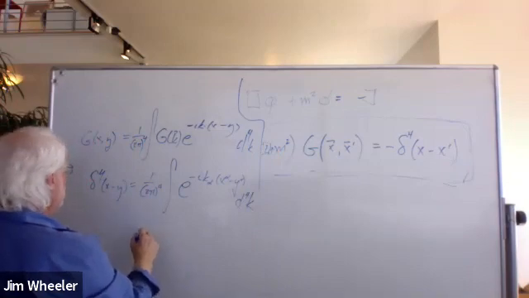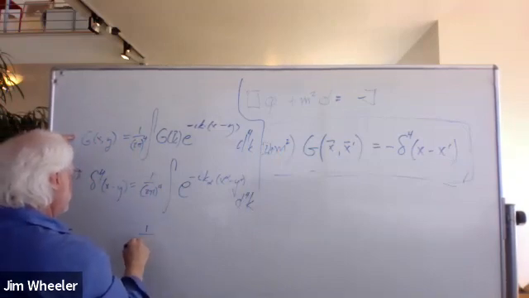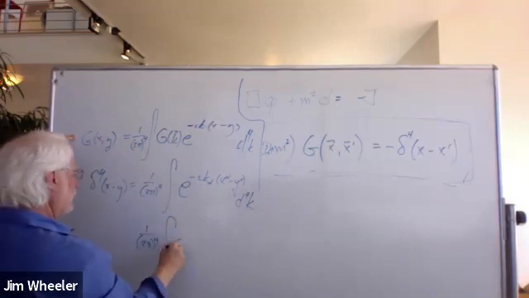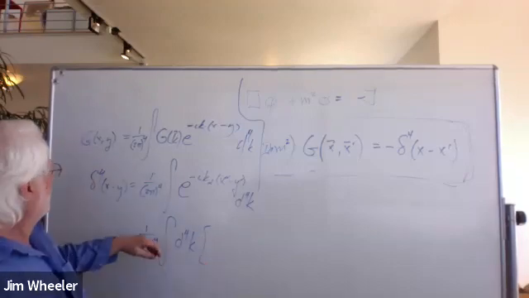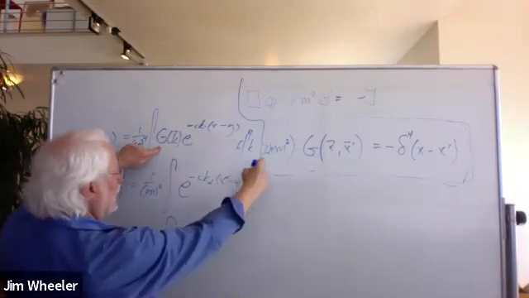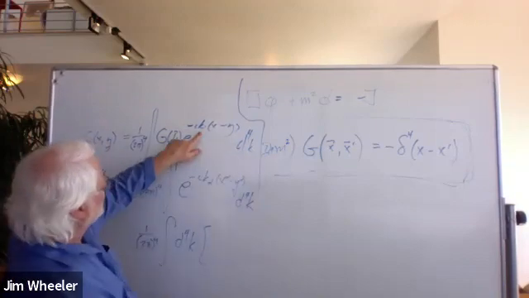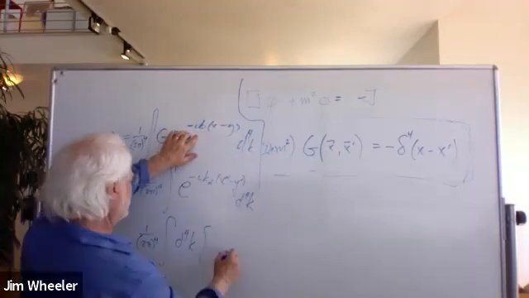So let's see. Box plus m acting on this, we're going to have 1 over 2 pi to the 4th d4k. And in the end, it doesn't really matter what normalization I chose here. But okay, so we're going to have box of this with respect to x, which is going to pull down minus ik twice.